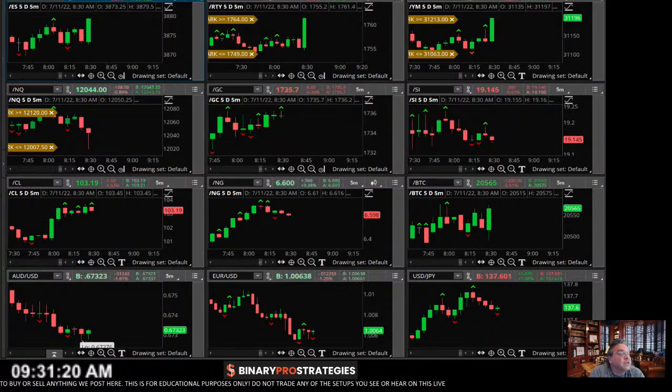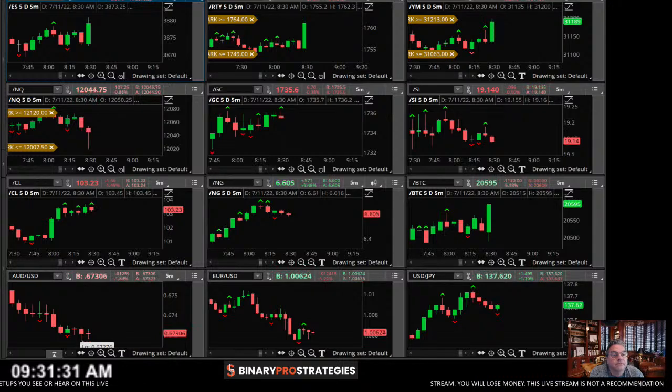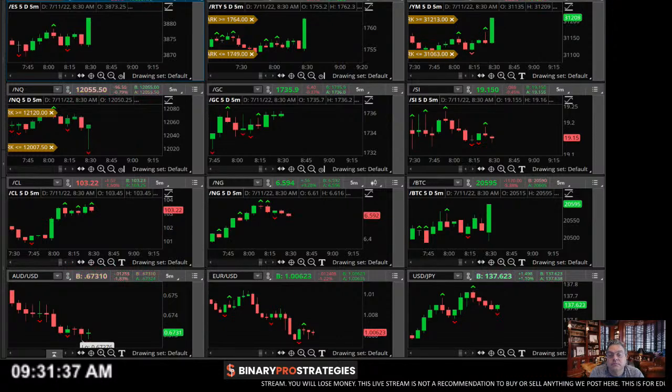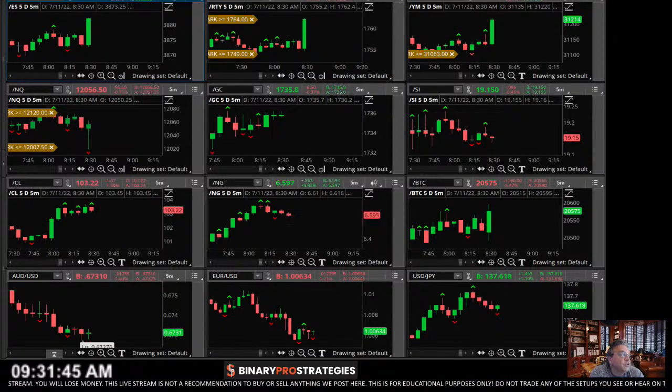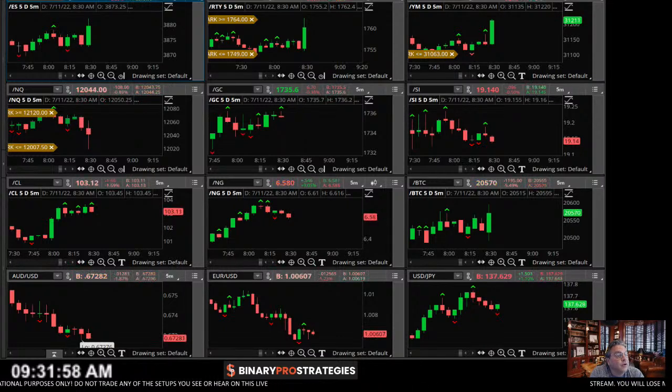RTY is looking like it's slowly approaching target. May have a reversal on YM. Reverse buy. So we just reversed on the mini Dow. Give you a new target on that mini Dow.